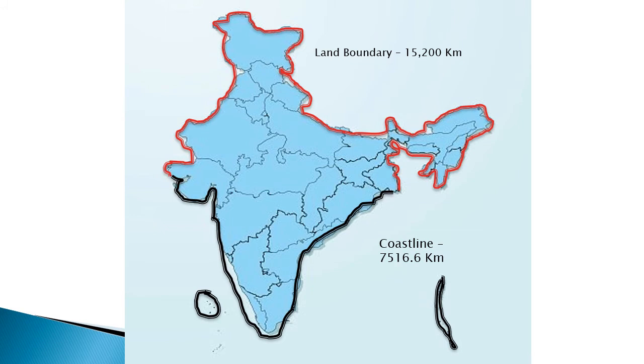The coastline of India includes all the coastal states and the island groups, that is Andaman and Nicobar Islands and Lakshadweep Islands. The coastline of India measures 7,516.6 km. With this, we get to know about the land and the coastline boundary of India.